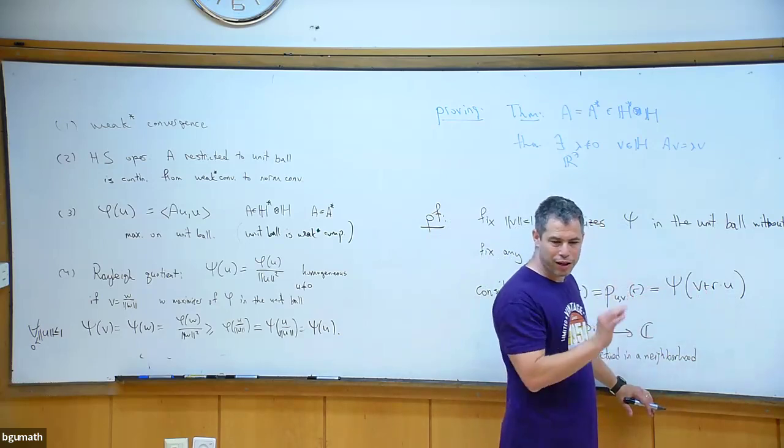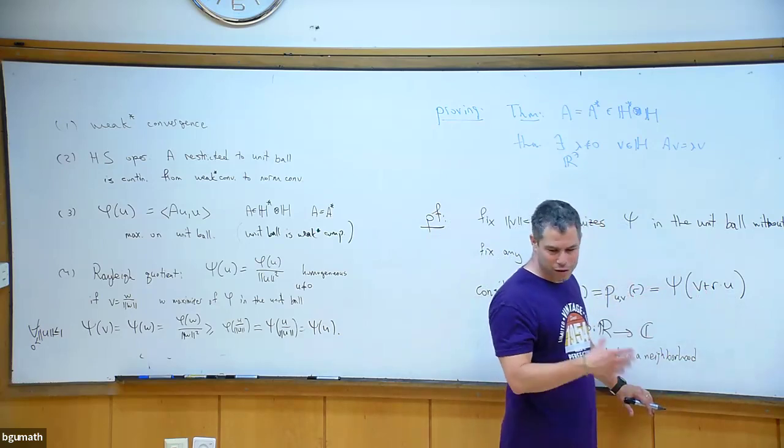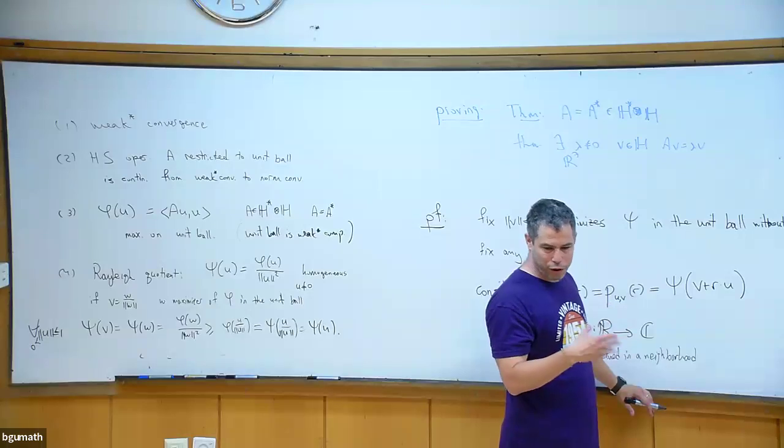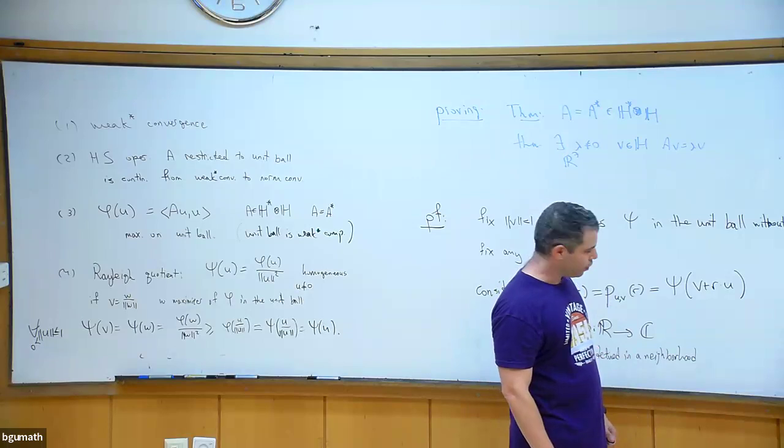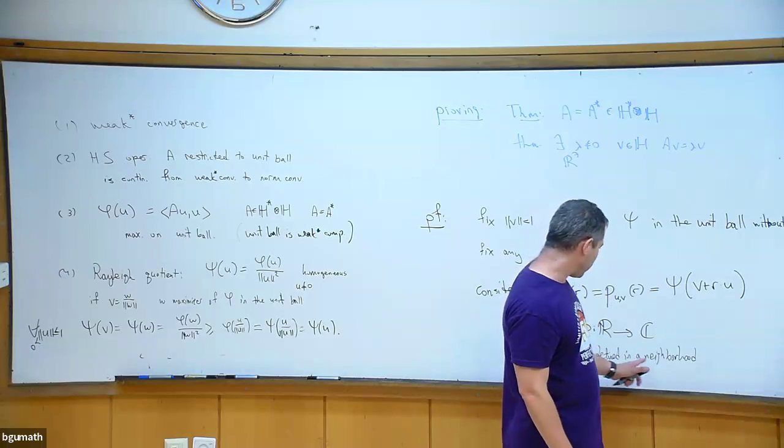So there's one point that I need to be careful of in some cases. If you use a different direction, then I have no problem. But it's always defined in the neighborhood of 0 in R.